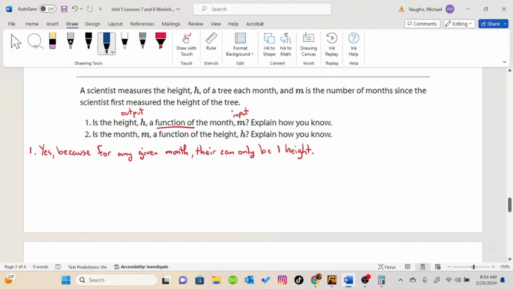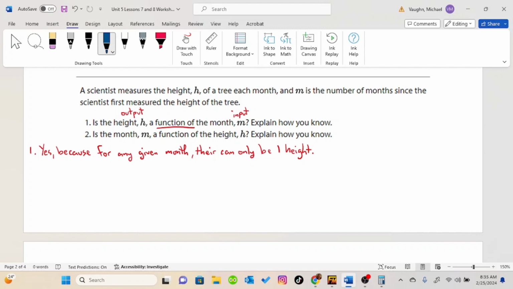Number 2, is the month a function of the height? Now, if I measure the height, is that only going to give me 1 month? And that is probably no. The tree is going to grow, but at a certain point, it is probably going to stop growing.